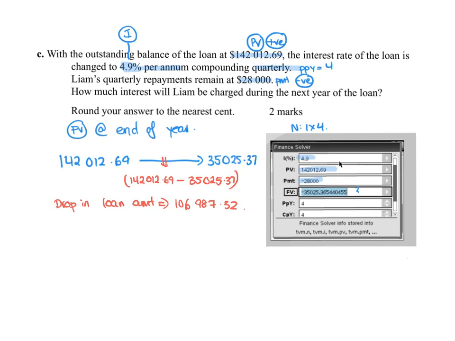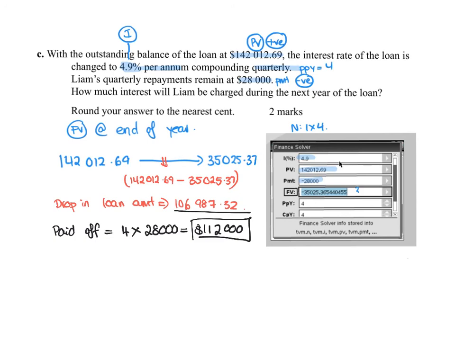But if you think about the amount he's paid in, it's 1 year, 4 payments of 28,000, which equals 112,000. So what they've actually paid is this, and what it's dropped by is that.